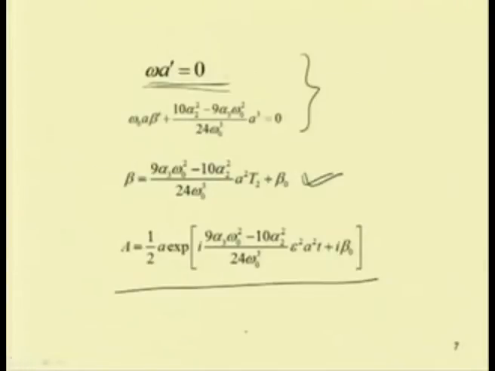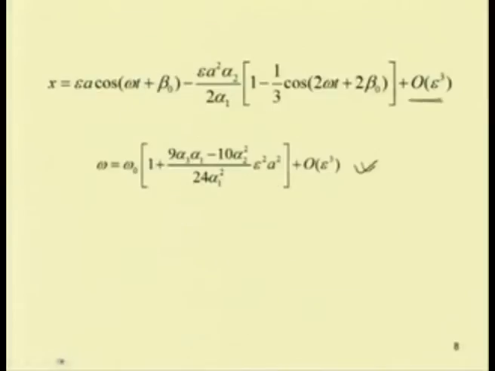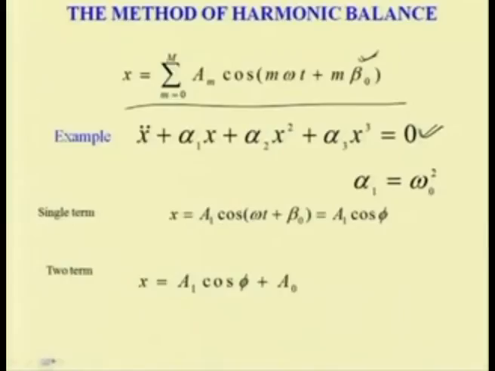So, taking these two reduced equations, one can study the stability of the reduced equation, and one can study the stability of the whole system. But by using the harmonic balance method, after getting the solution, one has to perturb the original equation of motion to study the stability of the system.